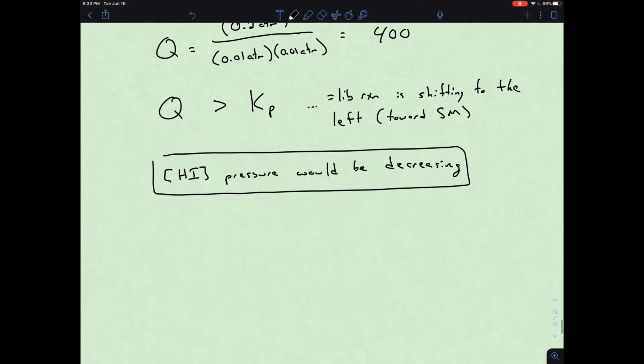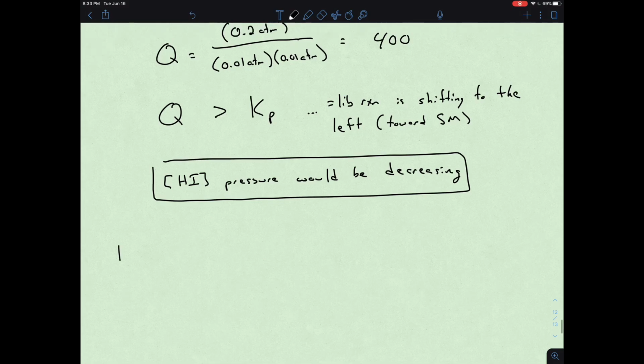All right, let's look now at B, calculating Kp and Kc.